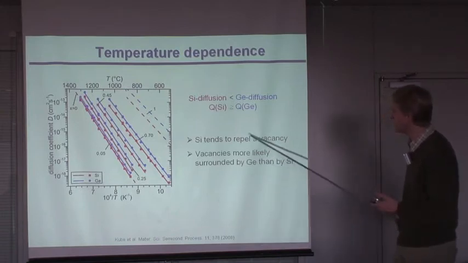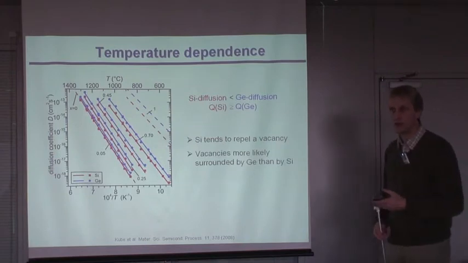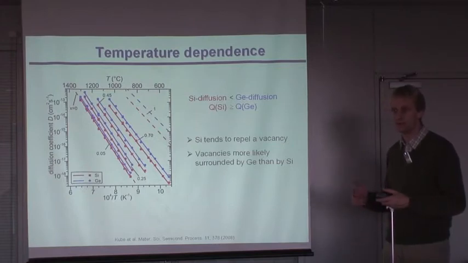And this has in the meantime also been confirmed by theoretical calculations. Of course, you can now do ab initio calculations on the stability of vacancies as a function of the nearest neighbor occupation. And this has been done.